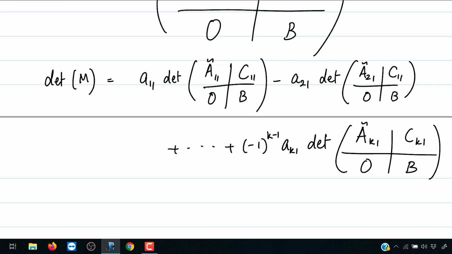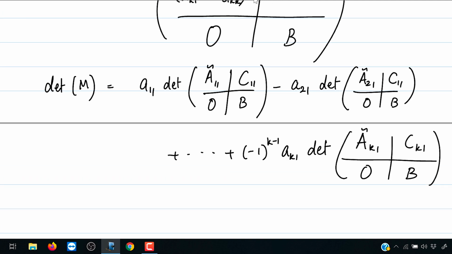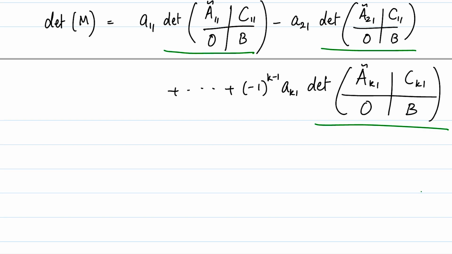Okay, so let's just go up and check what are the expressions which I am now underlining. There are 3 of these which I am underlining, and if you notice carefully, these three elements which I have underlined in green are going to be covered by the induction hypothesis.